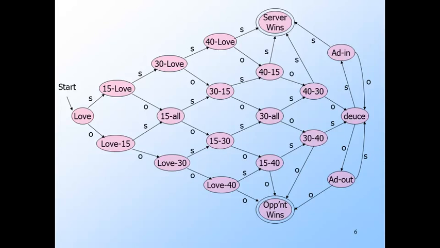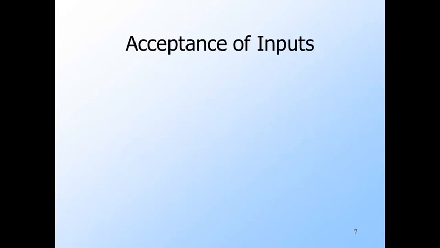While most of it just allows flow away from the start state, the loops involving deuce, add-in, and add-out, that is, these, they allow for cycles and for an infinite number of possible strings of S's and O's to lead to one of the final states.